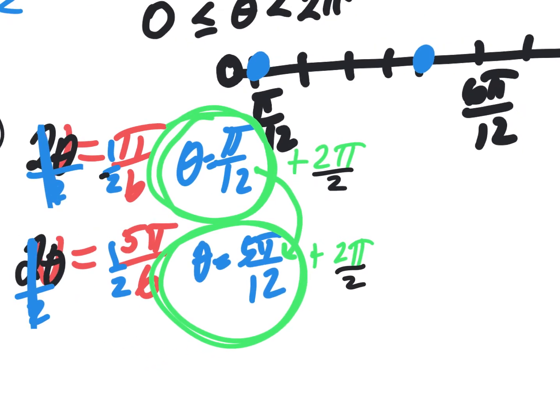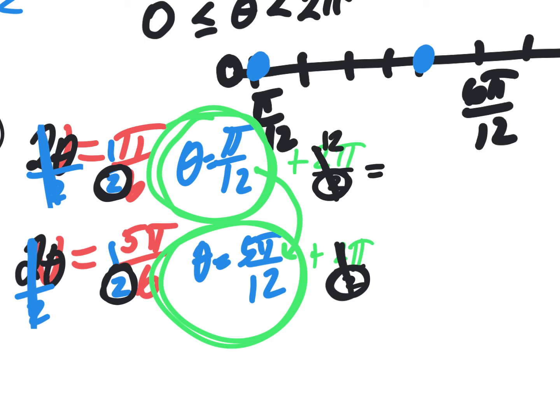So I'm just going to go like this, 2 pi over 2. When we multiplied by 2 on the bottom, that was really multiplying by 1/2. We'd also have to do that to the 2 pi. And then these will cancel, and that tells me, okay, just take pi over 12 and add pi to it to get the next answer. Now, pi over 12 plus pi, I would prefer to add 12 pi over 12.